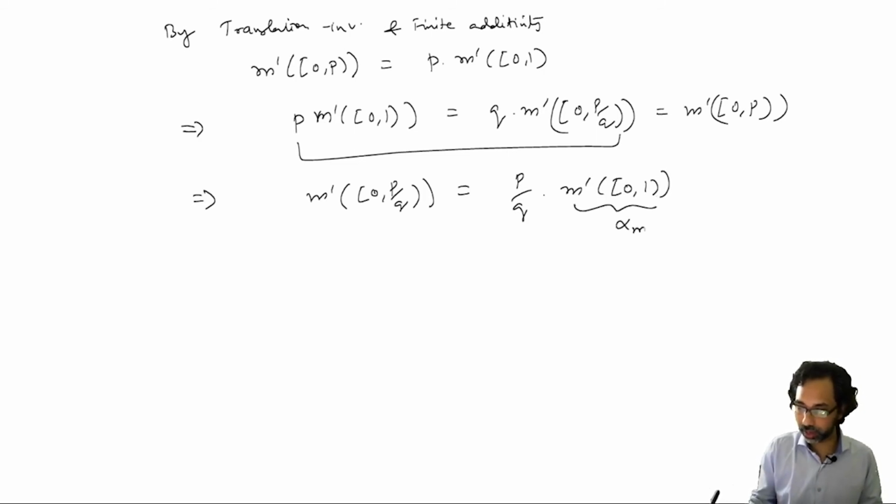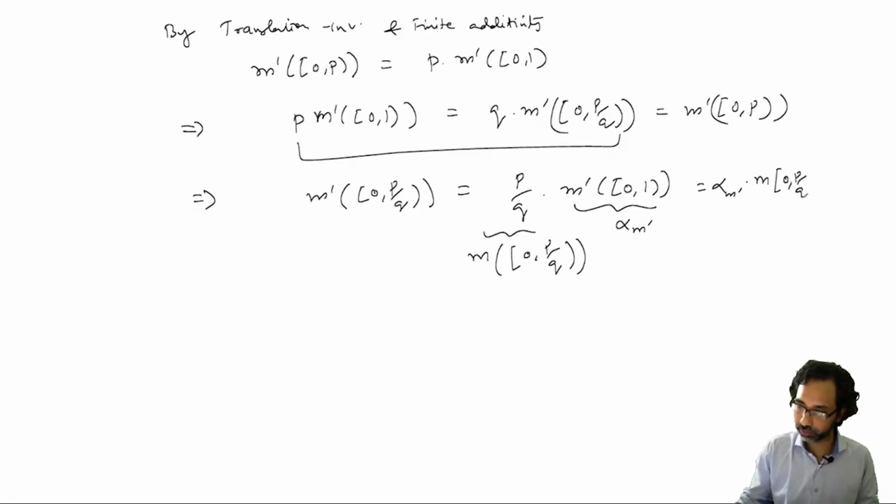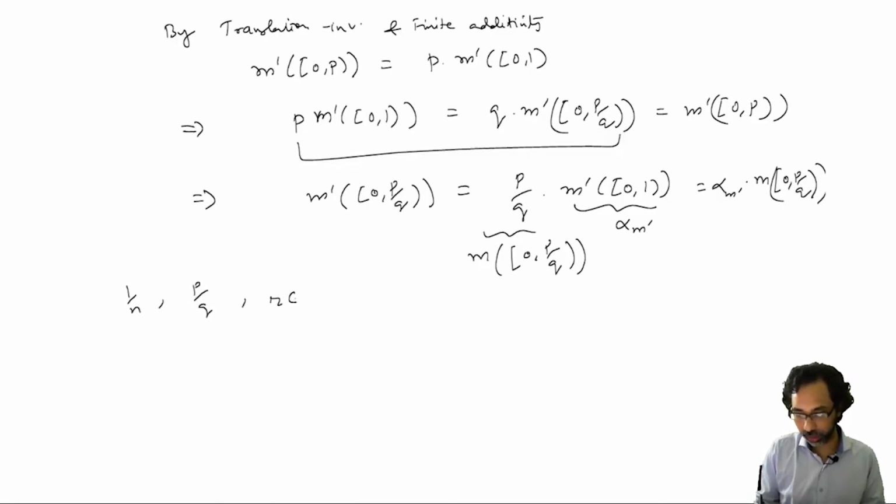Now again we have this alpha m prime, and this is the elementary measure of the set 0 to p by q. So this is again alpha m prime multiplied by the elementary measure of 0 to p by q. So first we did it for 1 over n. Now we have done it for p by q, and our next step will be for any positive real number r.